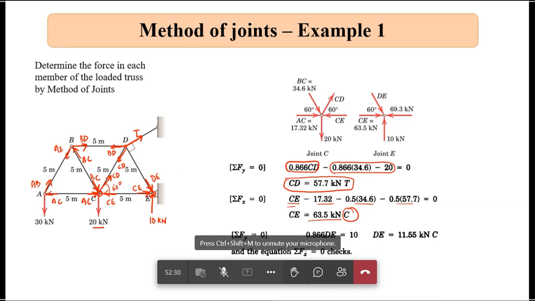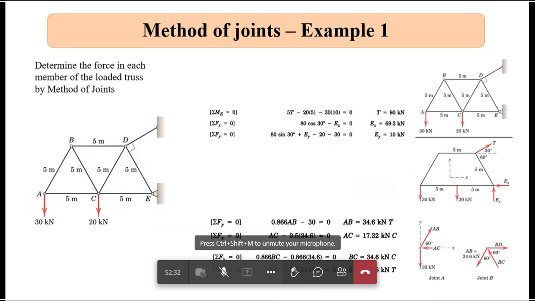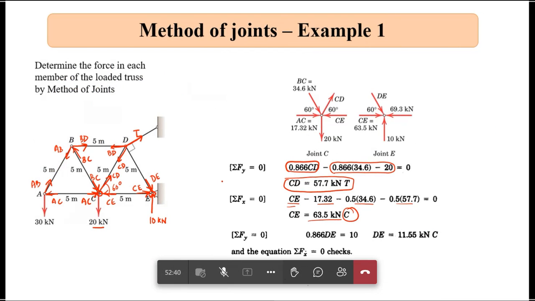And what was EX equal to? EX equal to 69.3 kilonewton. We had found that out. So here I take 69.3 kilonewton. Right? Now CE is already known to me.